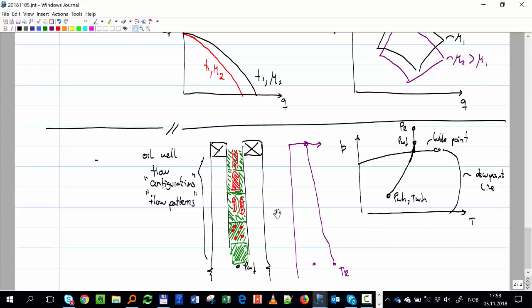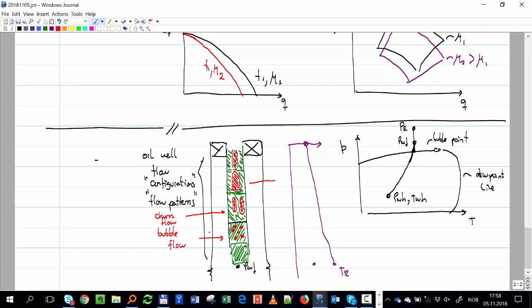Little gas, so where should I put it? Maybe here. This is called bubble flow. This one is called churn flow.